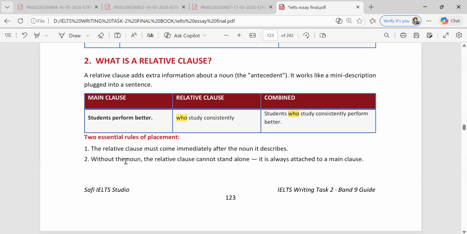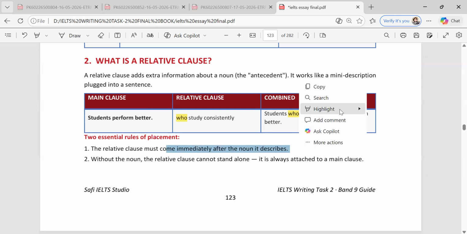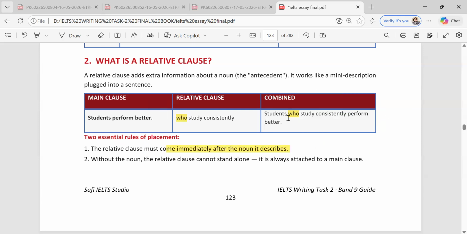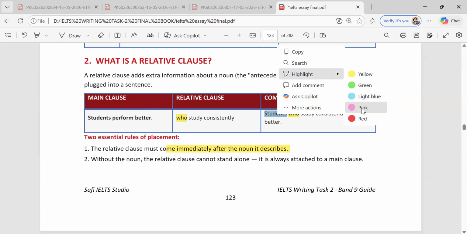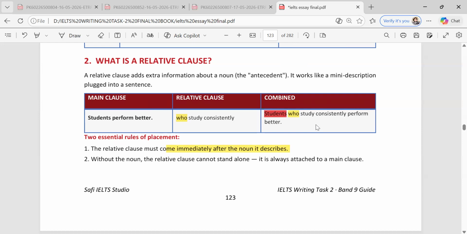And as I told you, a relative clause must come immediately after the noun it describes. In this case, we have the noun students, and after students we have the relative pronoun who. So, students who study consistently perform better. In this case, who introduces a relative clause to describe what?